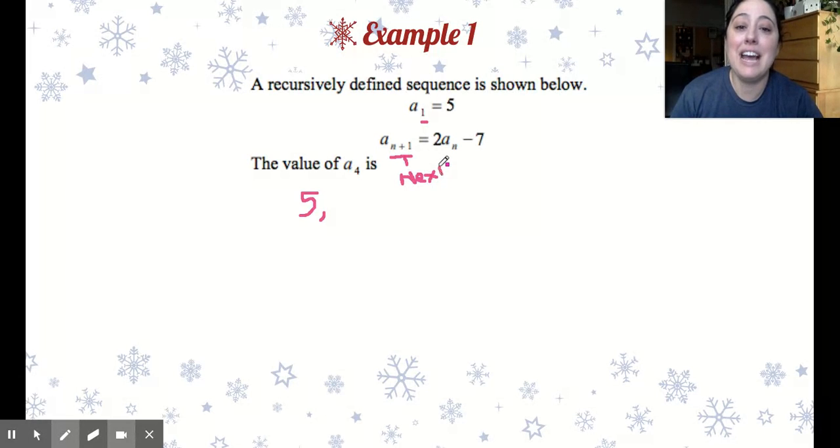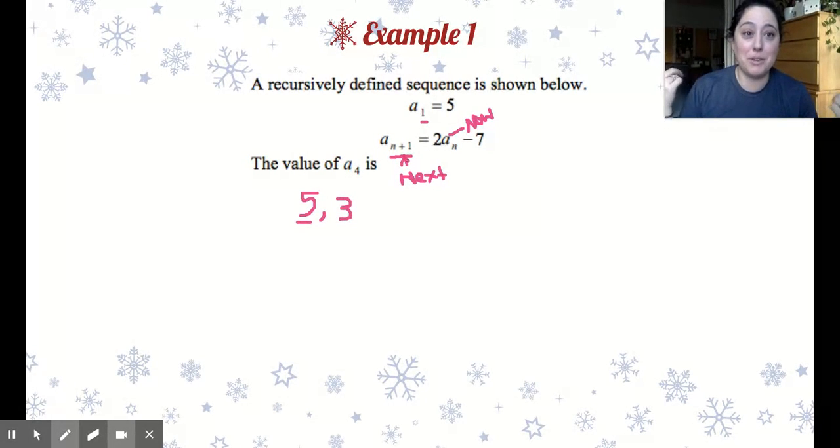So the next term is equal to 2 times whatever term you're on now minus 7. Okay, so right now I'm on term 1, I'm on 5. All right, so 5 times 2 is 10, minus 7, 3. Okay, so that would give me 3 for my next term.